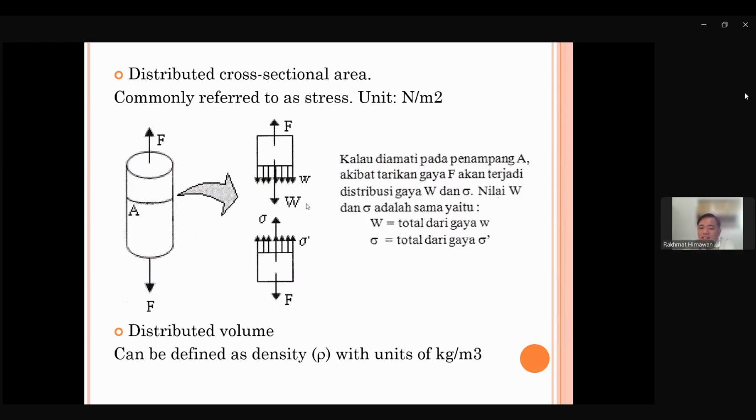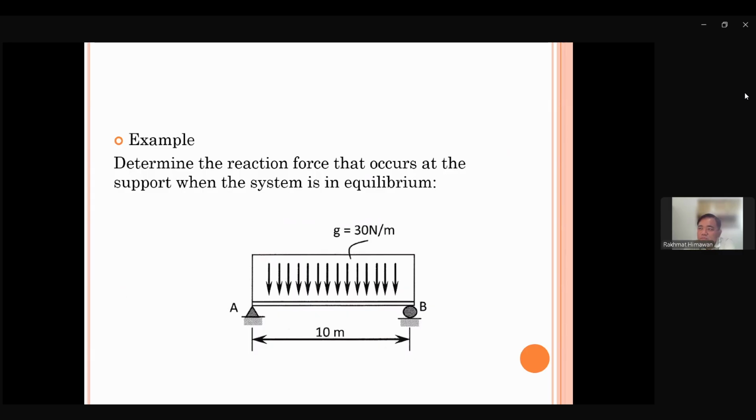Let's go to the example. Here we have this rod. It has distributed force along this rod of 30 Newton per meter. So every meter it has 30 Newton force acting downward to the floor or to the earth. Point A is a hinge support.